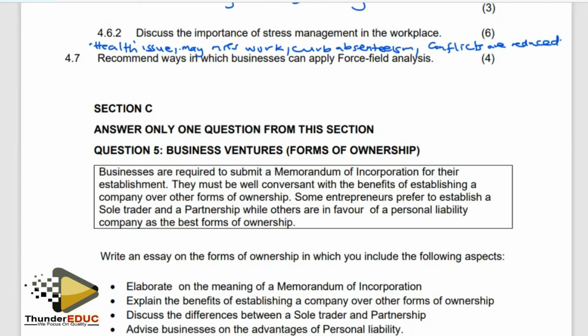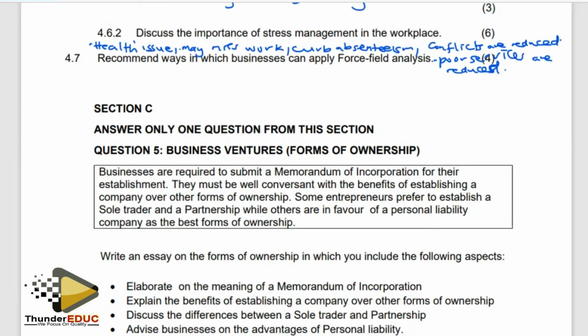Poor services rendered by a stressed employee are minimized. Such answers and others are very crucial when we are answering that question.